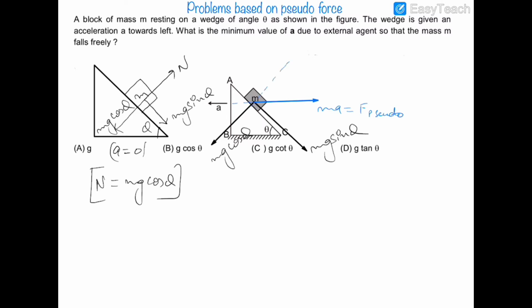Now we need to find out this angle. So this angle is theta and this angle will be theta, so this will be 90 minus theta, and this component of pseudo force will be ma sin theta, and this component will be ma cos theta.